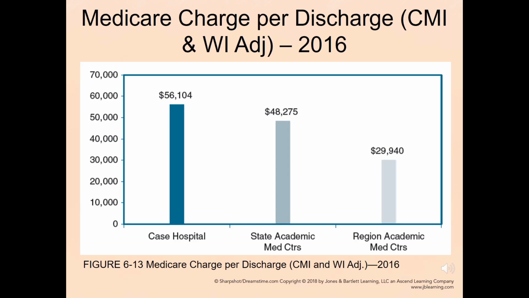The Medicare charge per discharge based on case mix index and wage index adjusted shows the case hospital at $56,104, state academic medical centers $48,275, and regional academic medical centers at $29,940.